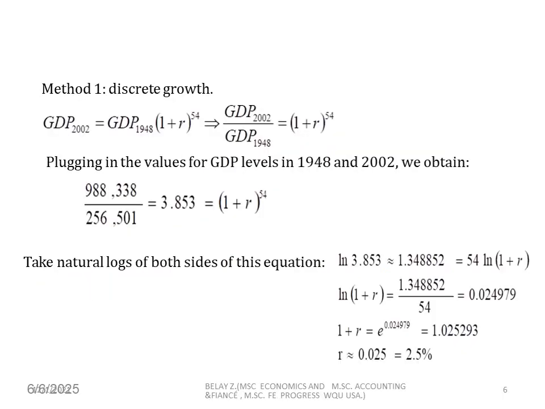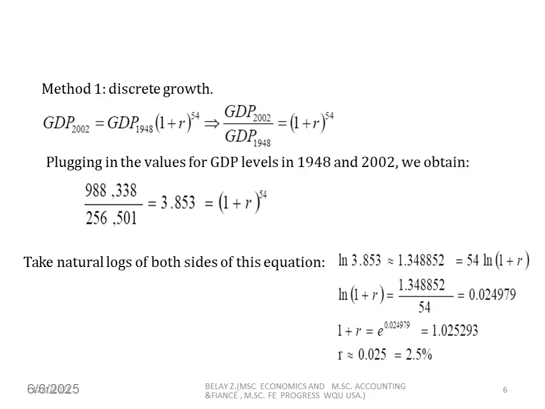Method 1, discrete growth. Let us see by discrete growth. GDP of 2002 equals GDP of 1948 times 1 plus r to the power of 54, which is equal to GDP of 2002 over GDP of 1948 equals 1 plus r to the power of n.